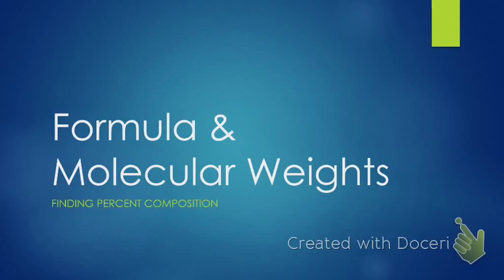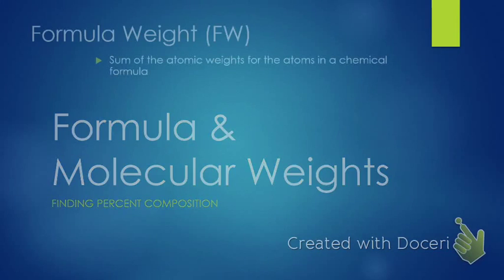We can use the periodic table and the elemental atomic mass for each of the atoms in it to determine what's called the formula weight for an ionic compound, or the molecular weight if it's a molecule like carbon dioxide. So let's go ahead and get started.